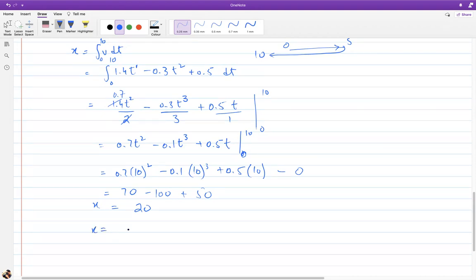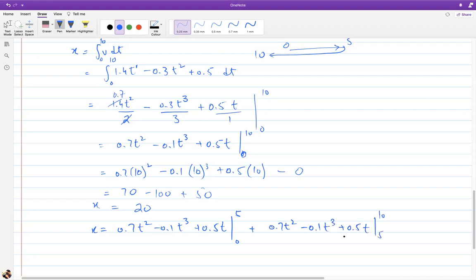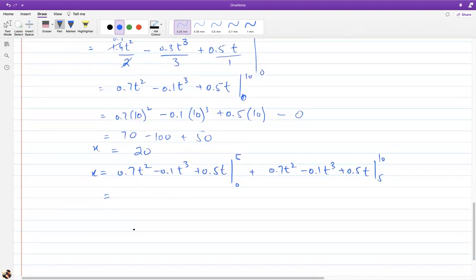So the distance value was given by 0.7 t squared minus 0.1 t cubed plus 0.5 t. Let's see, 0 to 5. And then we do the same thing from 5 to 10. Okay. Now let's see, does it really cancel out this time?